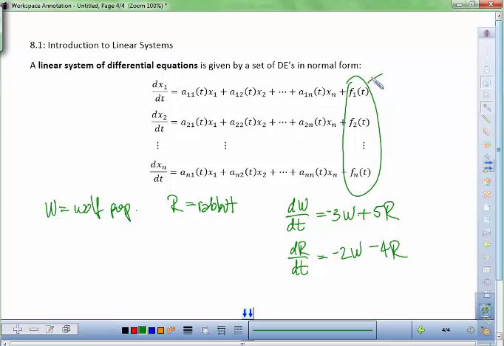These functions over here, if all these f functions, I'll say f sub i of t, are equal to 0, then the system is homogeneous.